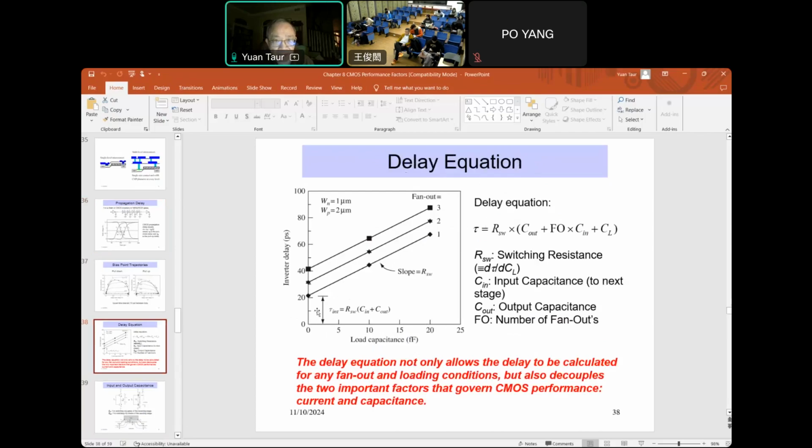As CL goes up, delay gets longer. It's basically resistance times capacitance, RC, but C consists of the external capacitance and also internal capacitance. Internal capacitance is further partitioned into so-called C in and C out. Okay? C in and C out are shown on the next chart.